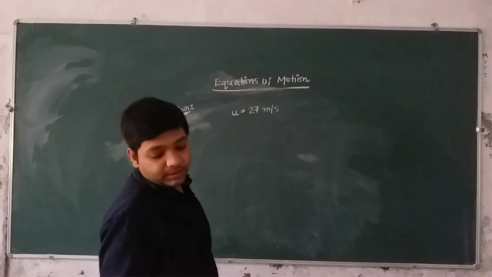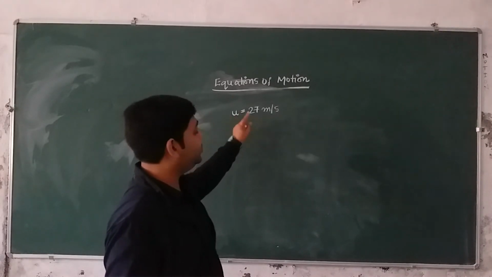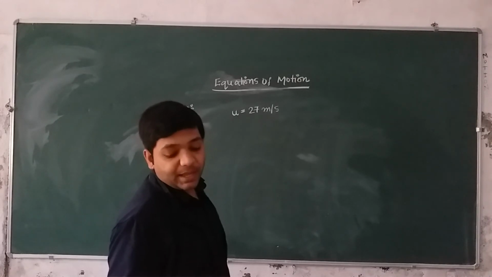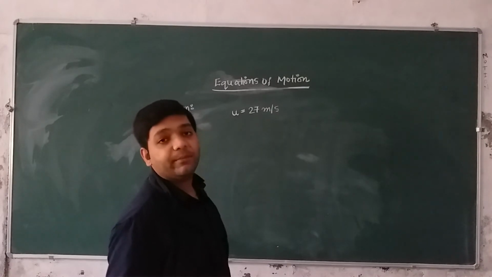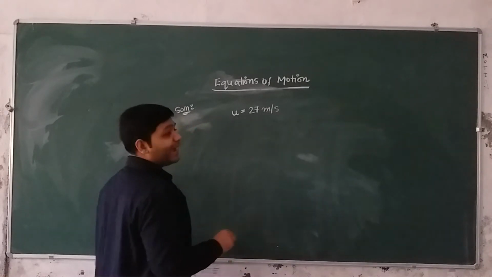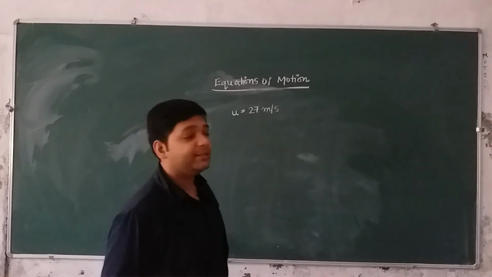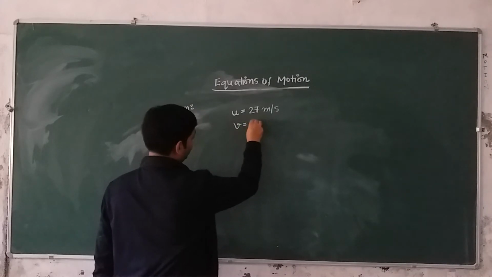So u, the initial velocity, is 27 meter per second. And the question is saying what distance will it cover before coming to rest. So that means the car finally comes to rest. It means that the final velocity of the car becomes 0, right?